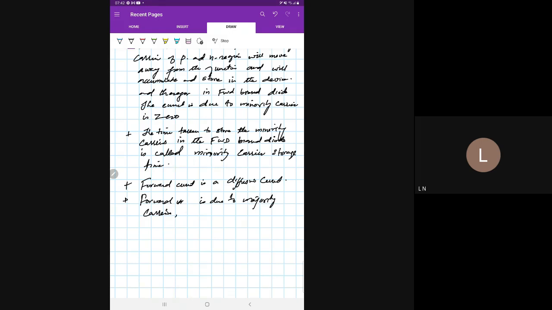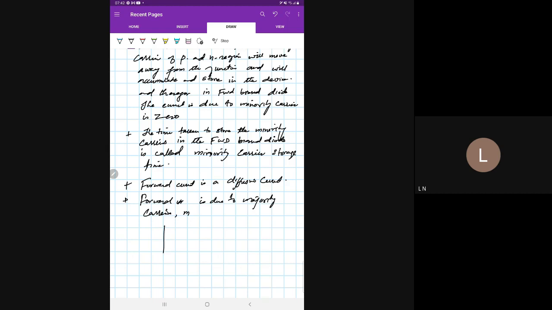Because these majority carriers cross the junction from higher concentration to lower concentration, and due to the property called diffusion, which is the movement of charge carriers from higher concentration to lower concentration, the current will be established. Hence, the forward current is mainly due to the diffusion phenomenon.